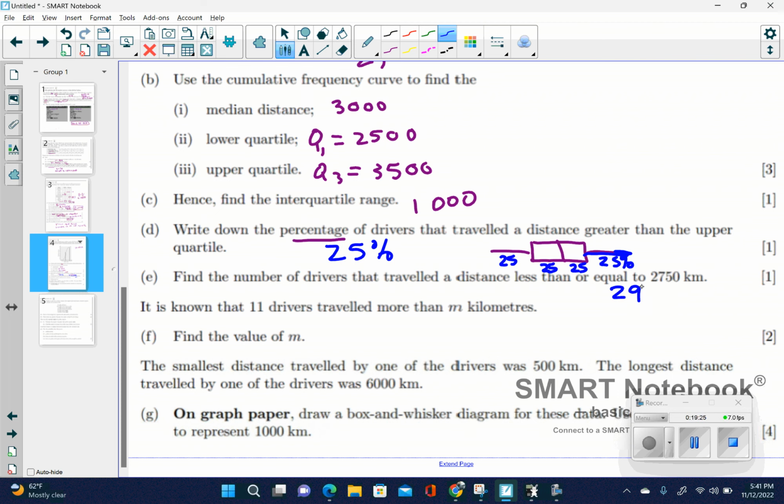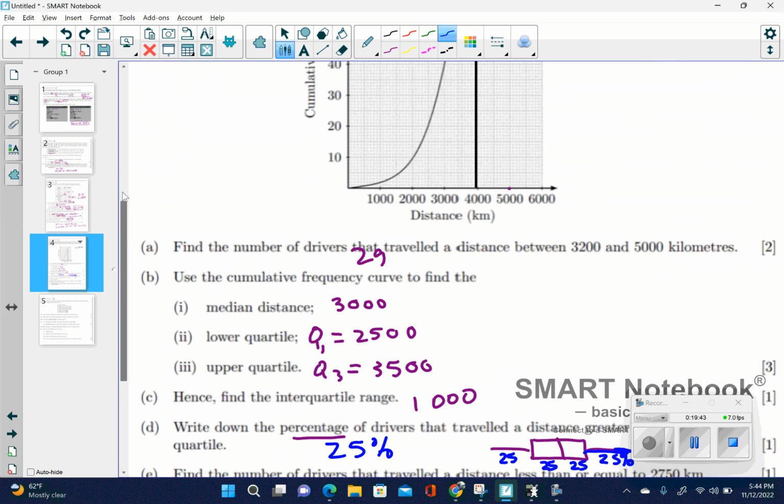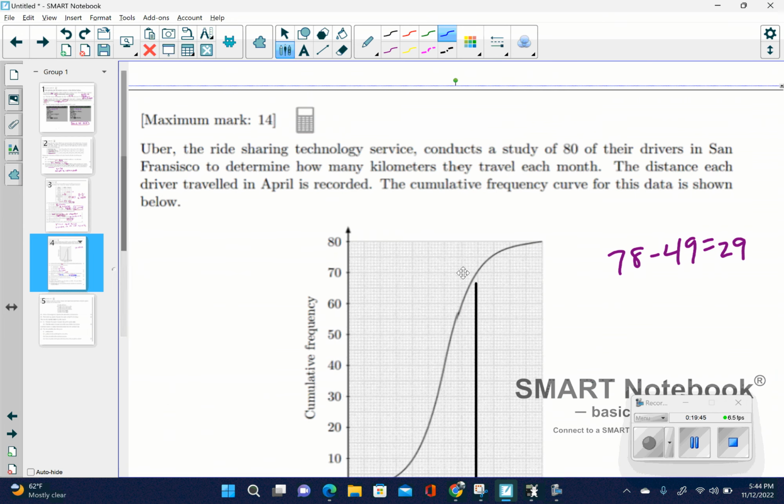For the next part, it asks us to find the value of M. They're telling us that it is known that 11 drivers traveled more than M kilometers. So therefore, the number of drivers who traveled no more than M kilometers is going to be the total cumulative frequency of our drivers, which is 80, minus our 11, which is going to give us 69.